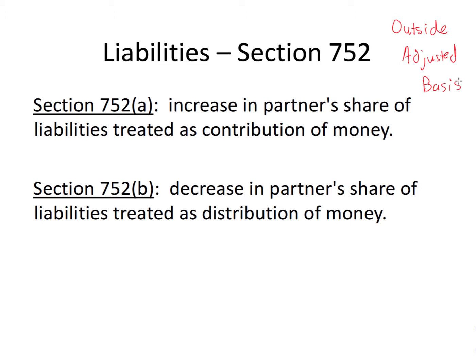But when calculating the outside adjusted basis with respect to partnerships, anything that applies to subchapter K, we actually add in a portion of the partner's share of those liabilities to the outside adjusted basis when we're doing all different types of calculations later on. So this goes to our section 705 calculation.